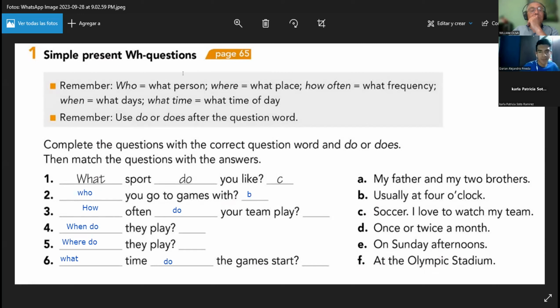How often do- La número 3 está mala. Va, chequearla ahí. Number 5.